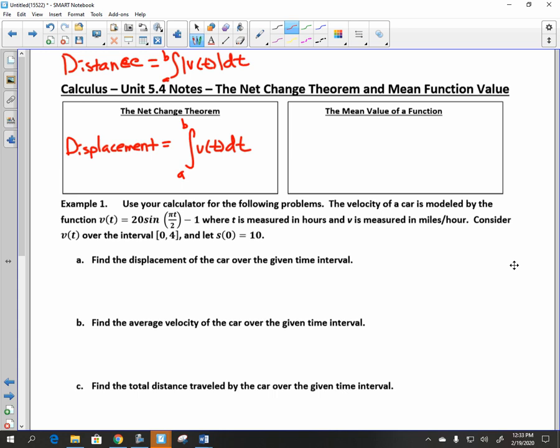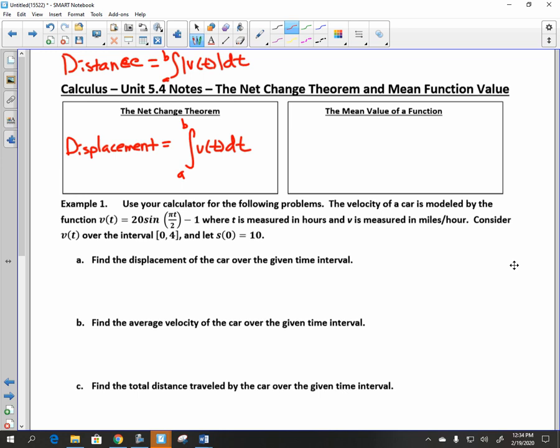And that's really what we call the net change theorem. It tells you the overall change of the particle or whatever you're working with over the course of that time frame. I'm going to do one more, which we added today, and that's the mean value of a function. If you wanted to describe how you find the mean of something, how would you describe that? Add them all up and divide by the total number.